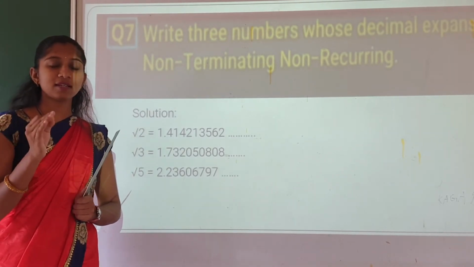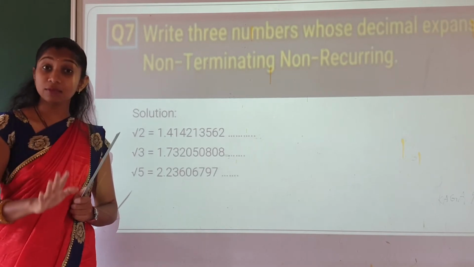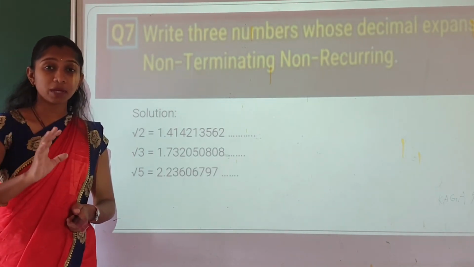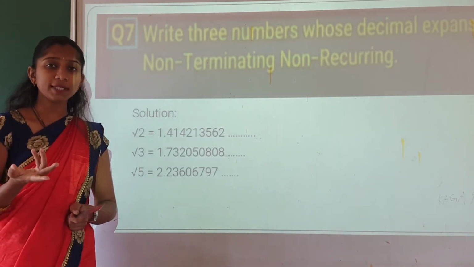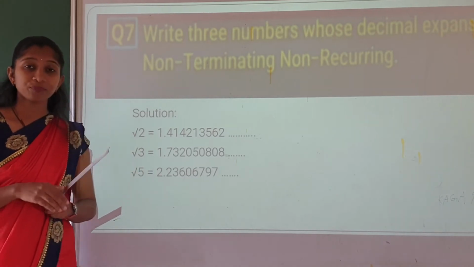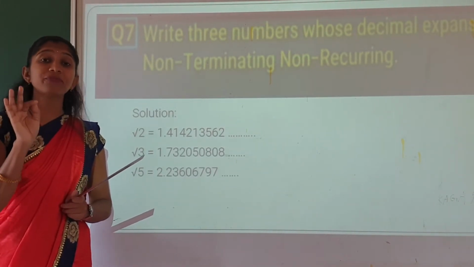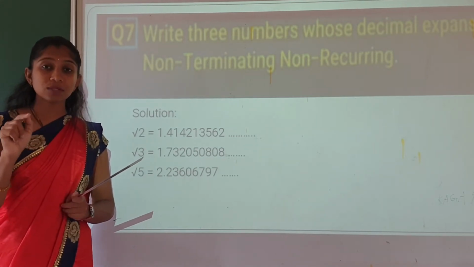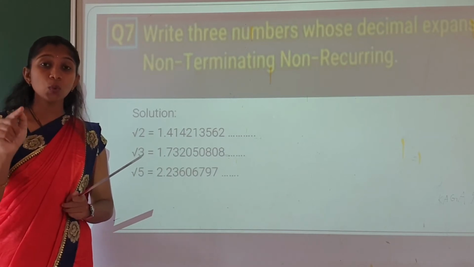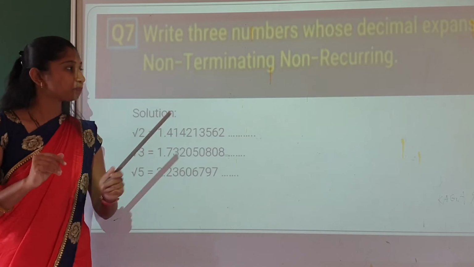An irrational number is a number of the square root form, otherwise a number which cannot be written in the form p by q. Which numbers cannot be written in the form p by q? That is root 2, root 3, root 5. Don't consider root 4 because 4 is a perfect square. If you take the square root of 4, that is equivalent to the value 2. That 2 is a rational number.